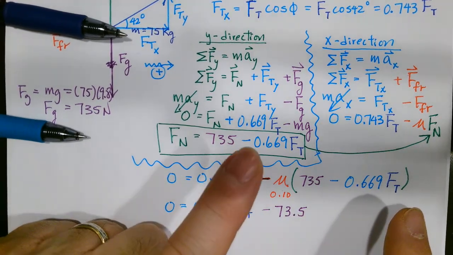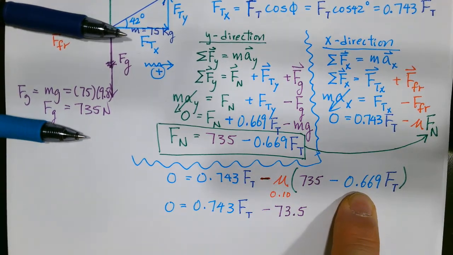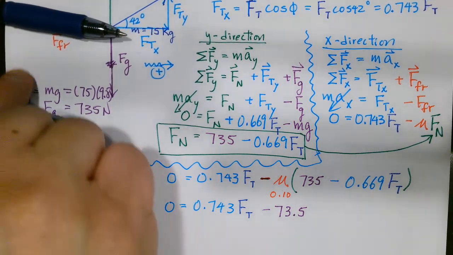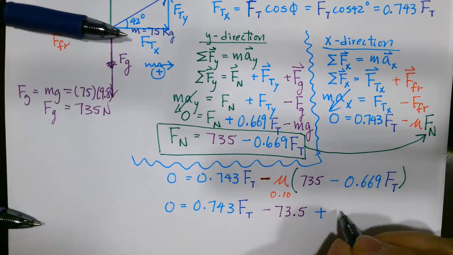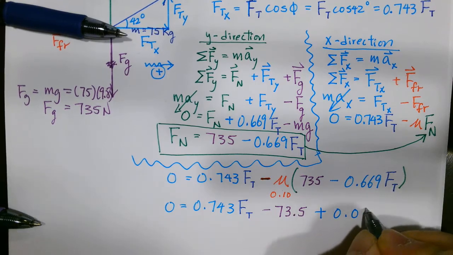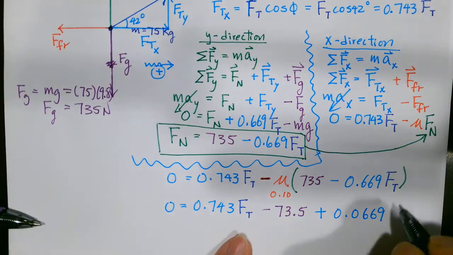And if I multiply negative 0.1 times negative 0.669, I get positive 0.0669 F tension.